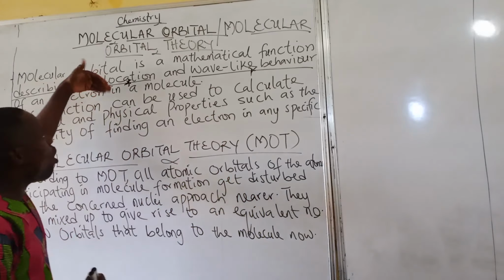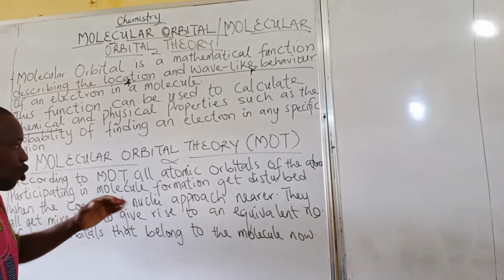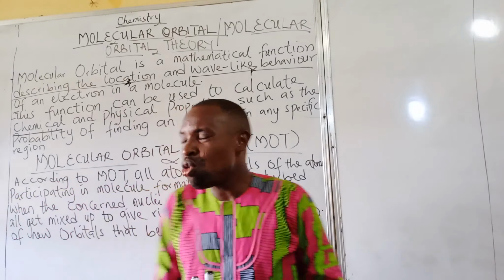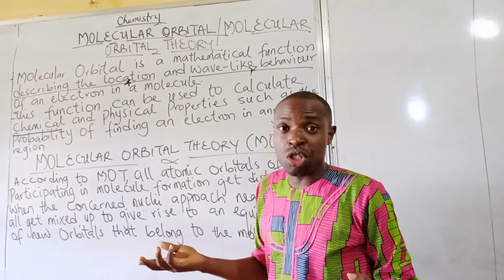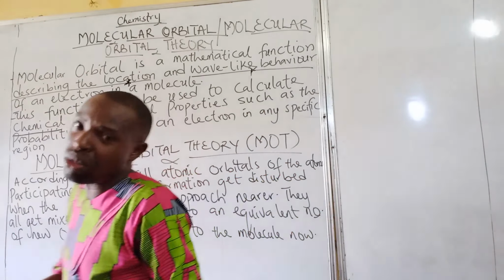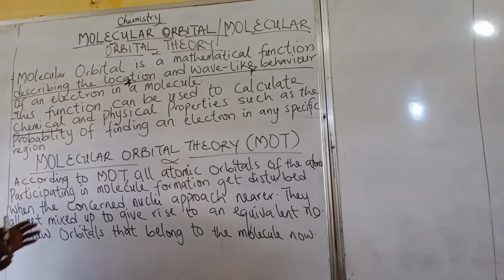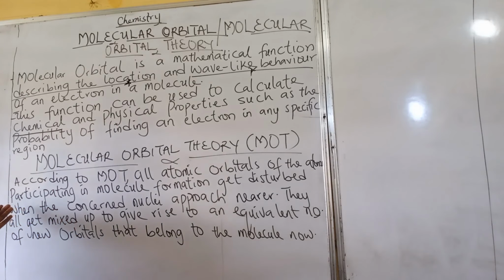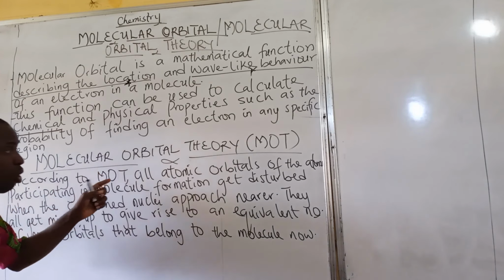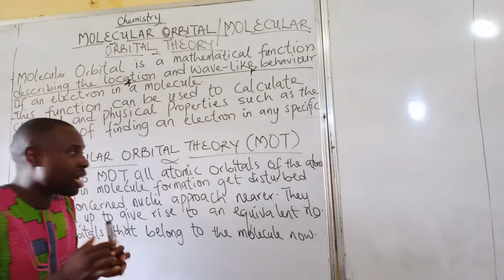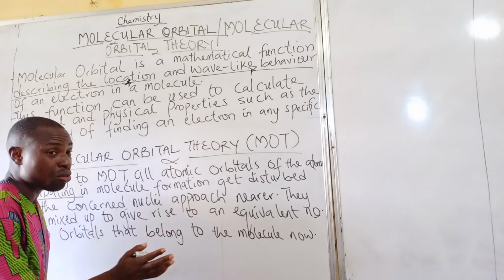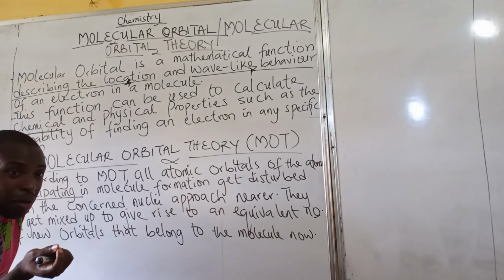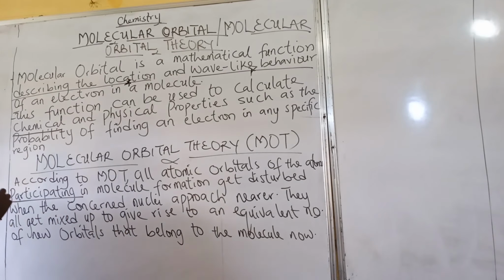And from the molecular orbital, we move straight down to what we call the molecular orbital theory. Now, what is the theory all about? Simple. The molecular orbital theory states that all atomic orbitals of the atoms participating in the molecular formation get disturbed. How do they get disturbed?